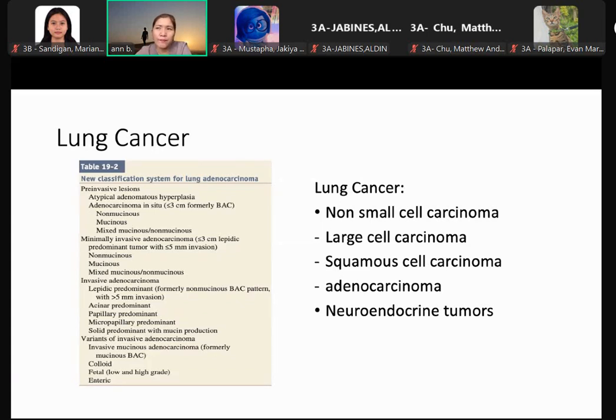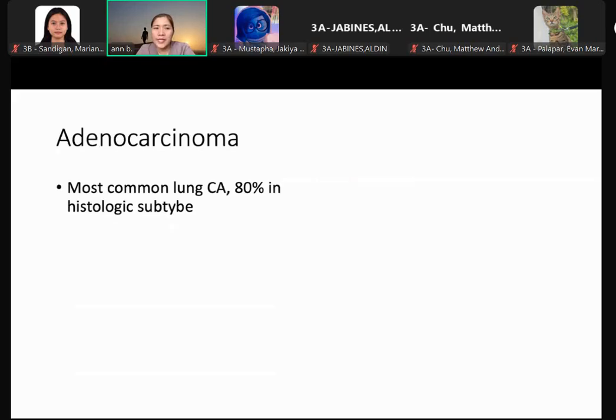But this is more of a pathologic description of the cancer, because nowadays we have targeted therapy already. So these are very important. The new classification system is important for the oncologist to know which targeted therapy they would give to the patients.